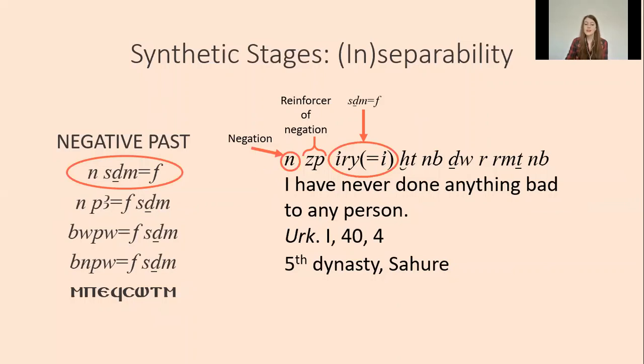For example, in the first synthetic stage of negative verbal forms, the negative marker tended to be separable from the rest of the construction. And we can see this in the earliest attested form of the negative past, in which the negative marker n could be separated from the sejameth section of the construction by particles, or also when the negation n-zep was used with the additional zep separating n from sejameth.